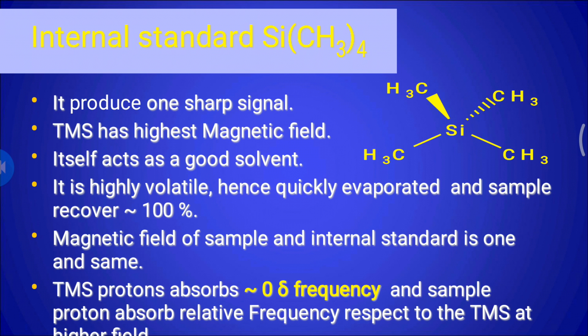It is highly volatile and hence quickly evaporates, and the sample is recovered nearly 100%. Other chemical methods do not recover 100% or need costly treatment or costly experimental procedures. So in the PMR spectrum, we use TMS as the internal standard, which is highly volatile, quickly evaporates, and the sample is recovered nearly 100%.